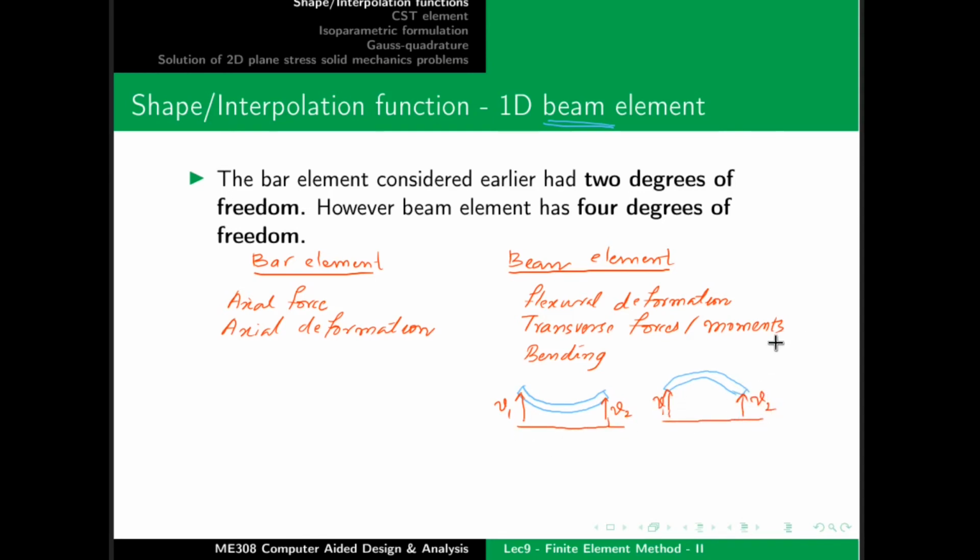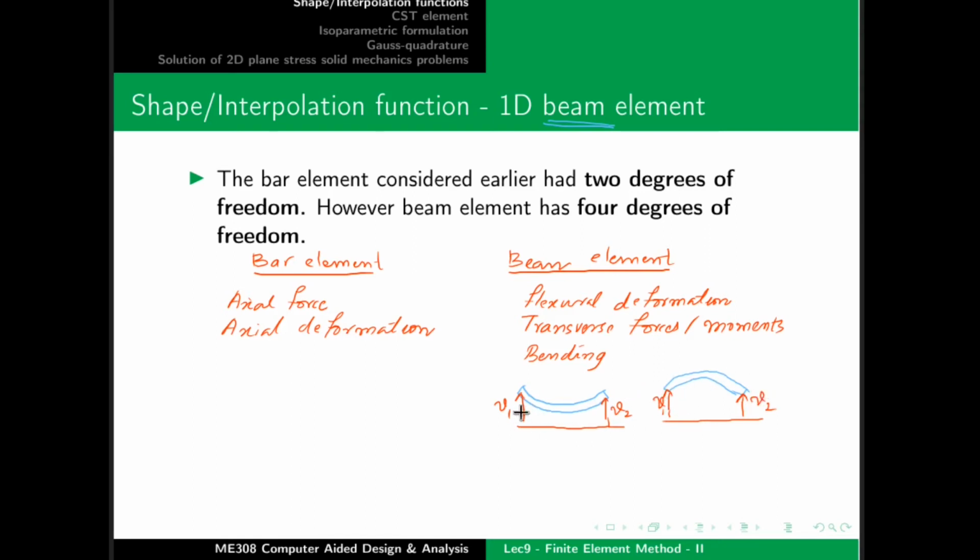For example, consider these cases. Both of them have exactly the same nodal displacement. So this V1 and this V1 are equal, and this V2 and this V2 are equal. Yet they represent entirely different states of deformation. This bends like this and this bends like this.